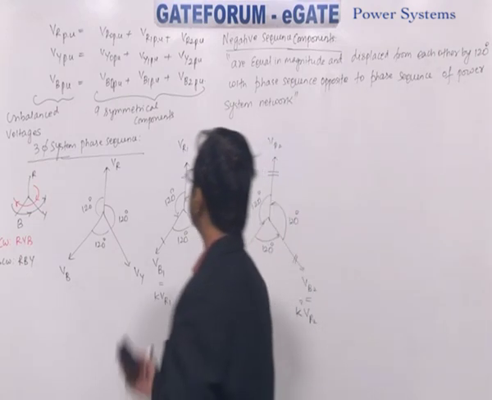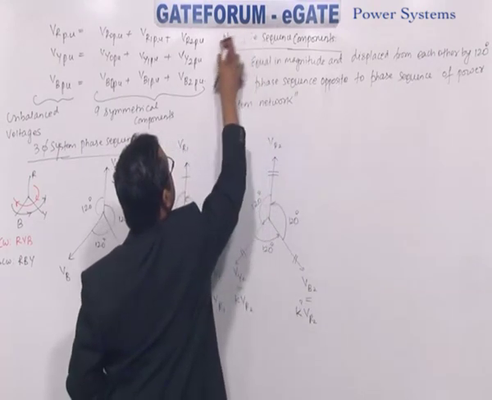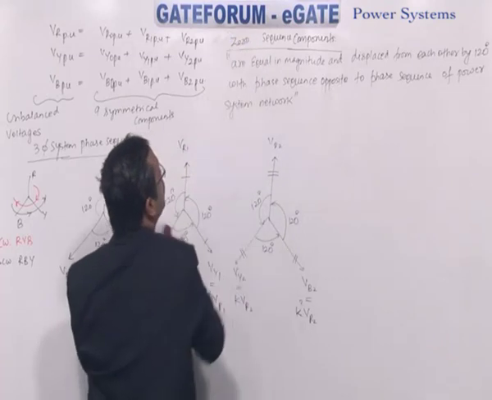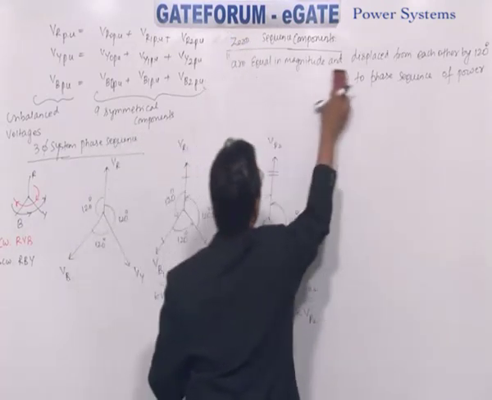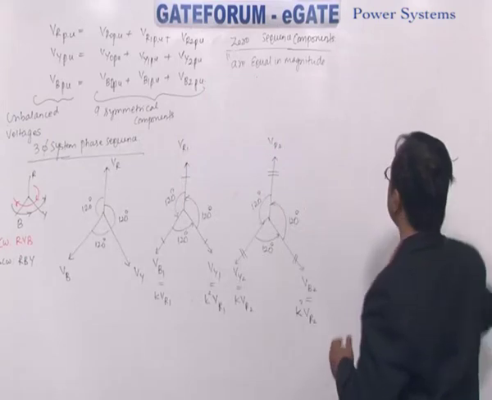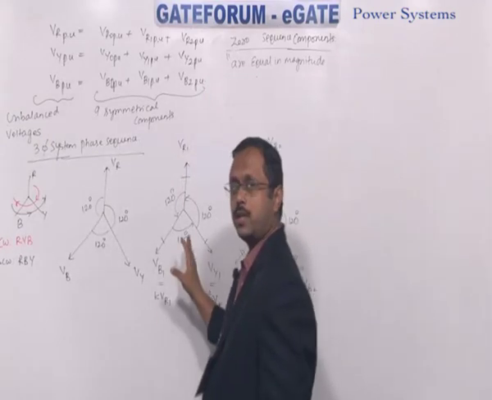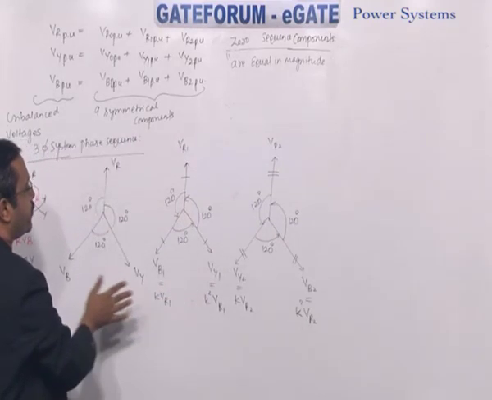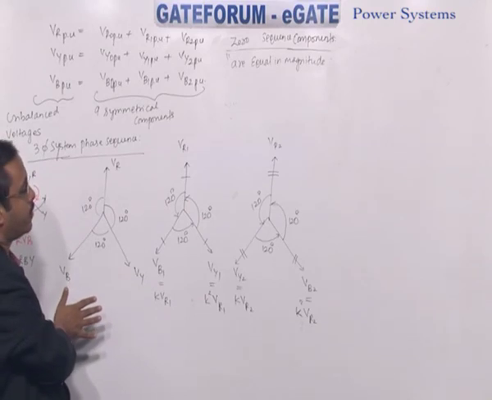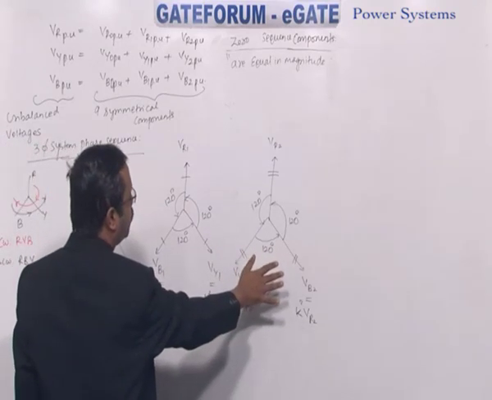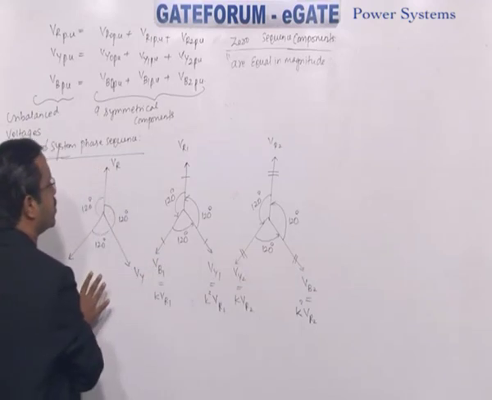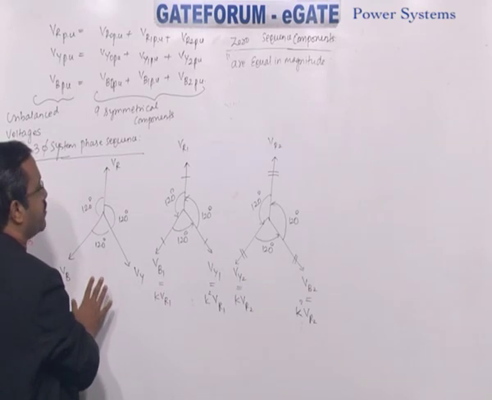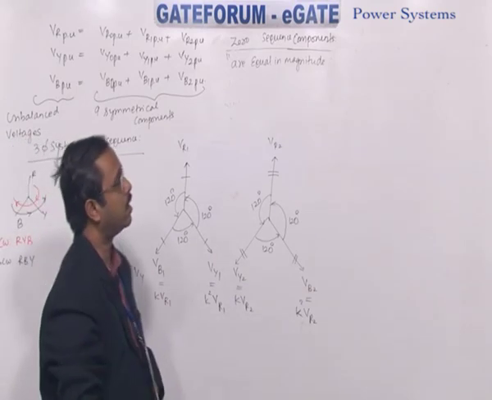So now you come across the third, zero sequence components. Positive sequence components have phase sequence same as the phase sequence of power system network. Negative sequence components have phase sequence opposite to the phase sequence of power system network.